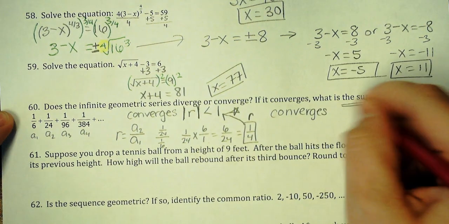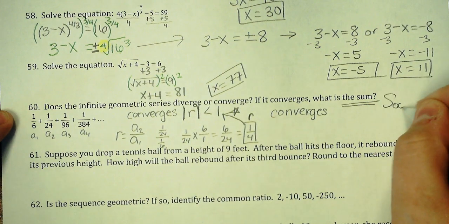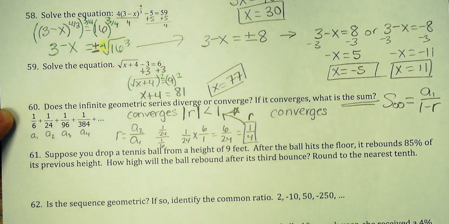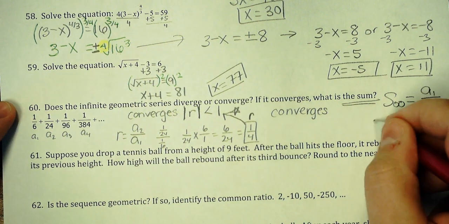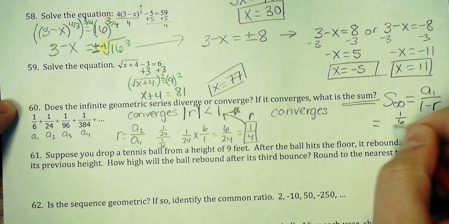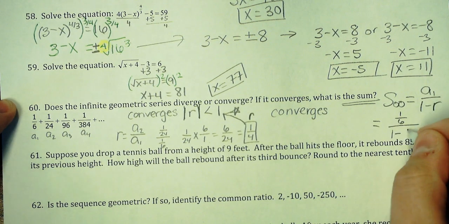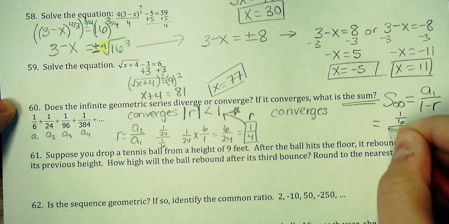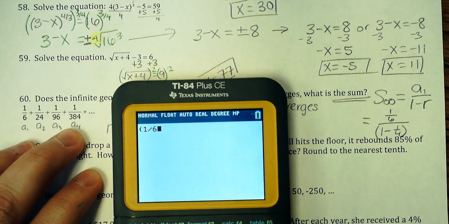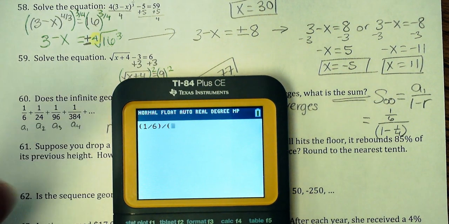So if it has a sum, this has to be an infinite geometric series. This is the first term over 1 minus the common ratio. This is on that formula sheet if you don't see it. Okay, your first term is 1/6, and your common ratio is 1/4. Now, recommendation: do 1/6, that's the first term, divided by, put this in parentheses, or this will not be correct.